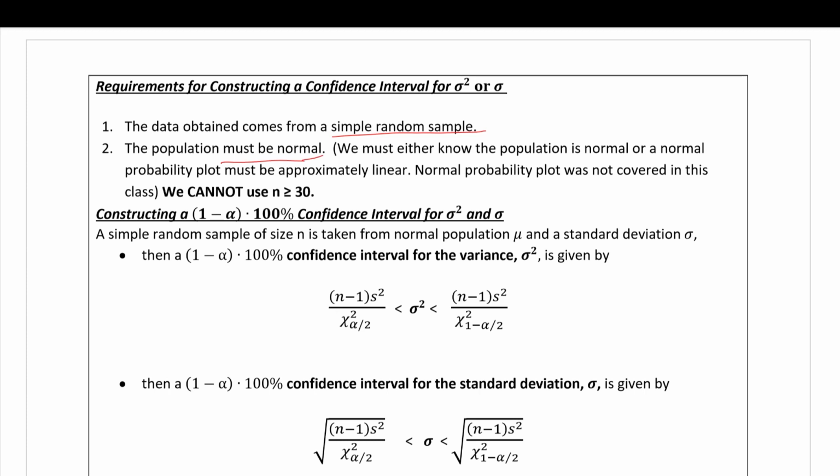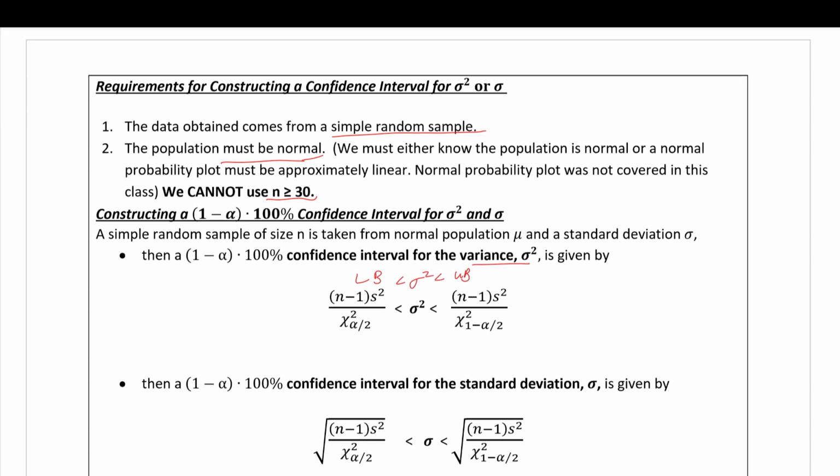We can't use any of that n greater than 30 business here. Now, this is a little bit different than for the proportions and the mean, because we're not taking a point estimate and adding and subtracting a value. So if we're looking for the confidence interval for, let's say, the variance first, sigma squared, that's some lower bound and some upper bound.